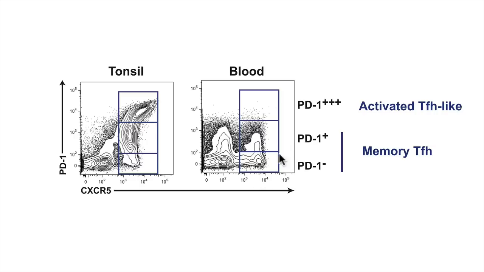Now, if you take that large population of memory TFH cells, one can observe that there is extensive heterogeneity amongst those cells. This is quite normal for CD4 T cells and even CD8 T cells.